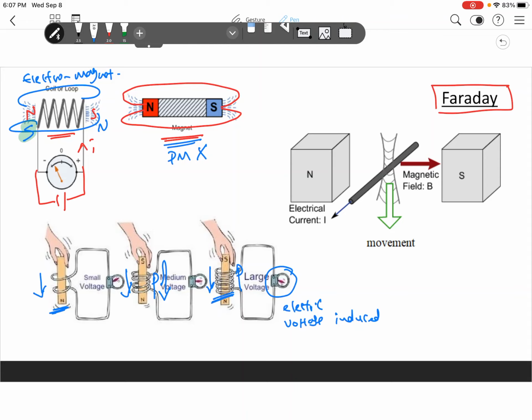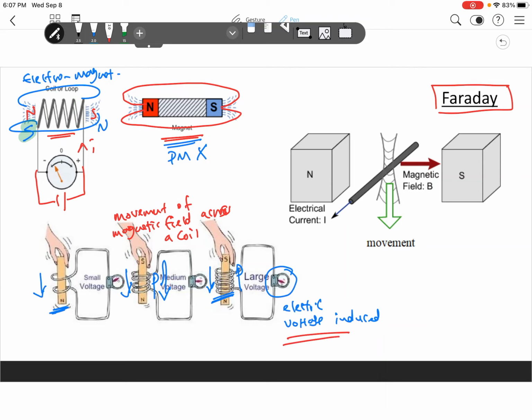That's how nature works, okay guys? And that's how he developed it: if you have magnetic field and you have movement, so we're talking here about movement of magnetic field across a coil, it will basically generate electricity.